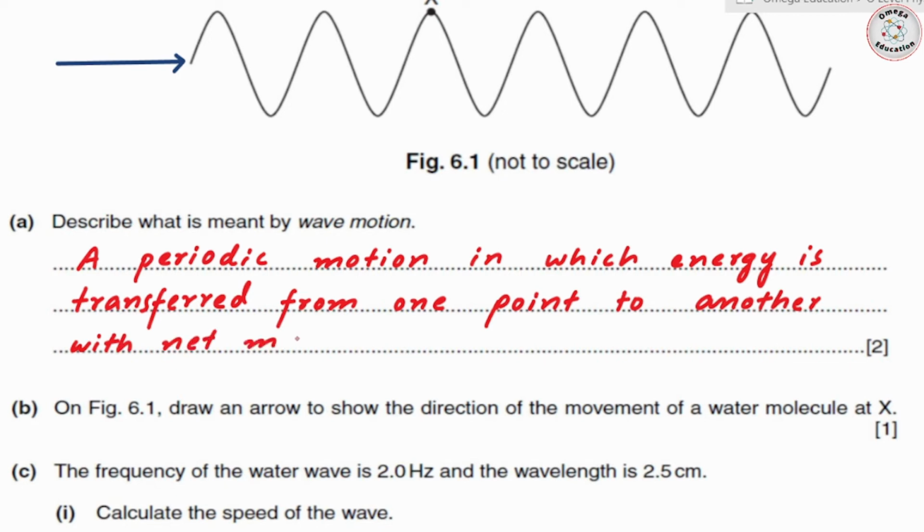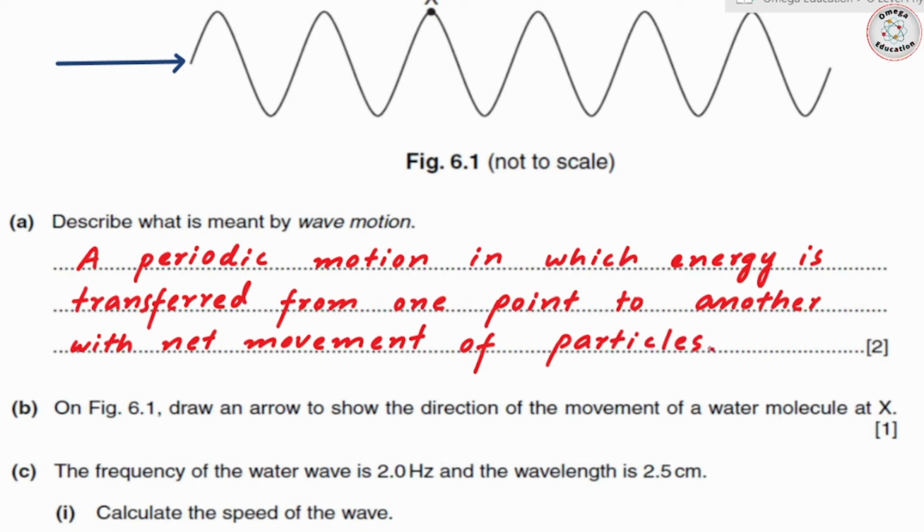So the particles keep vibrating in their position, but they do not move from one place to another. Without net movement of particles.